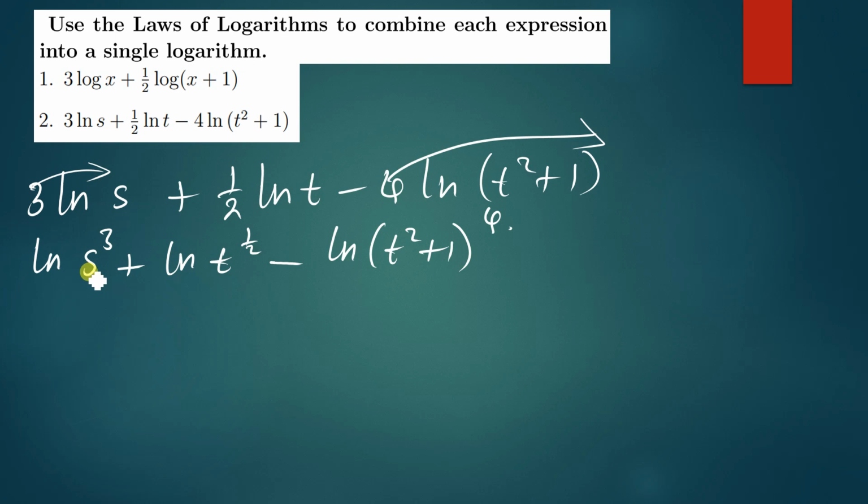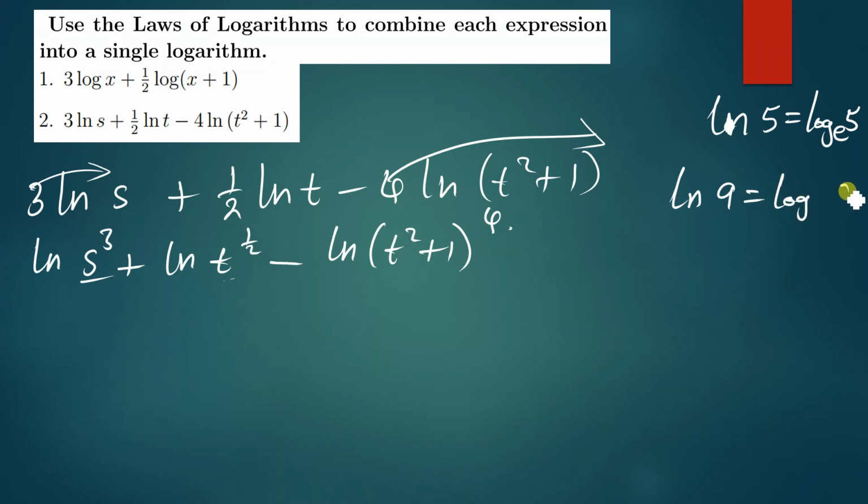When you are adding two logarithms, it means that you are multiplying according to the rules of logarithms, whether it's ln or log, they are still logarithms. Ln is just a special logarithm with a base e. So ln 5 is simply log 5 base e, and ln a is simply the same as log a base e.